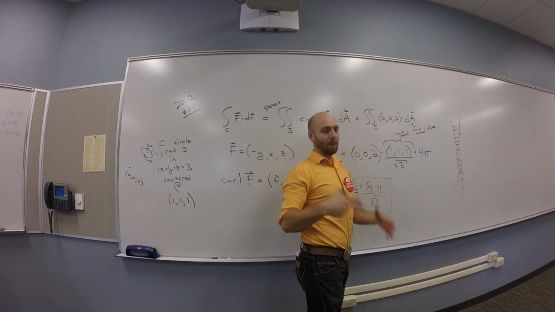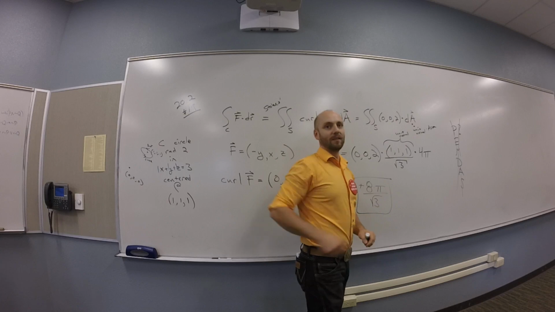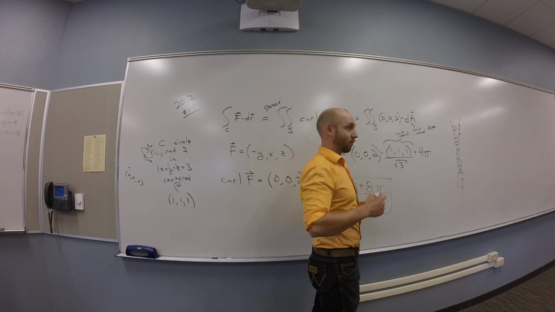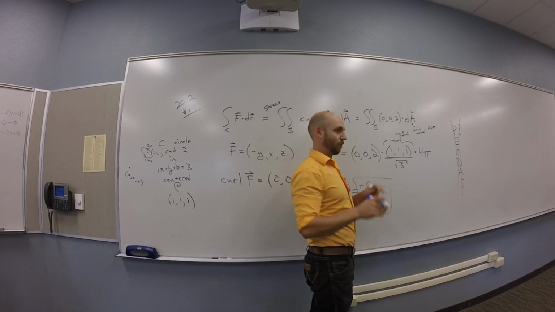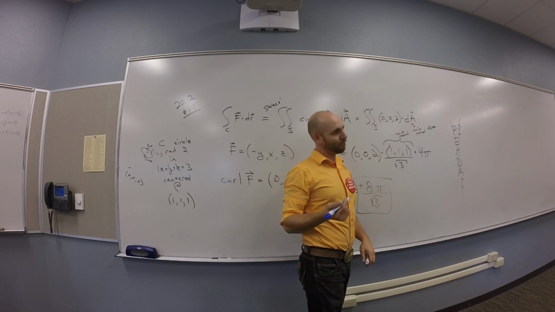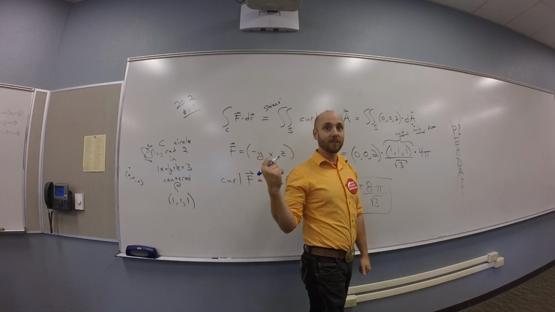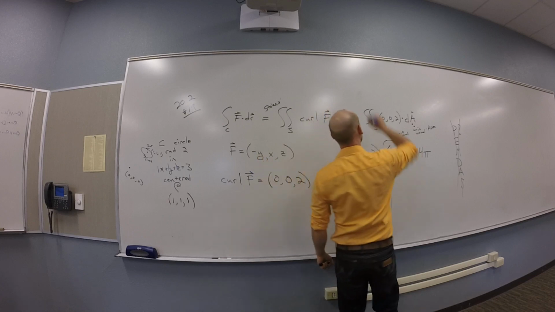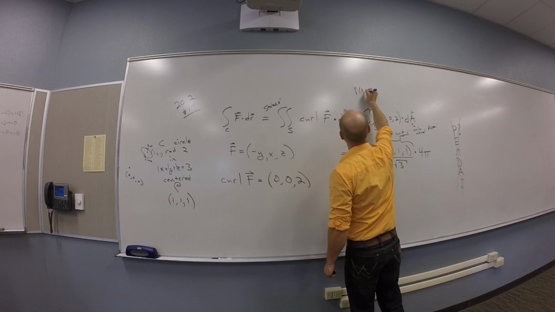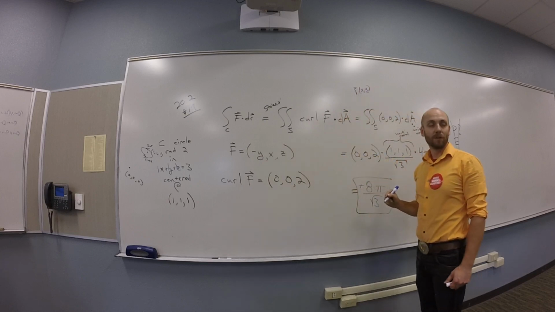Like normally I would come up with a parameterization, I would crank on that thing, right? So if I was going to do this in the least elegant and most cranky way, I would parameterize my surface, right? So I would come up with some R of x and y, right? For that disk.